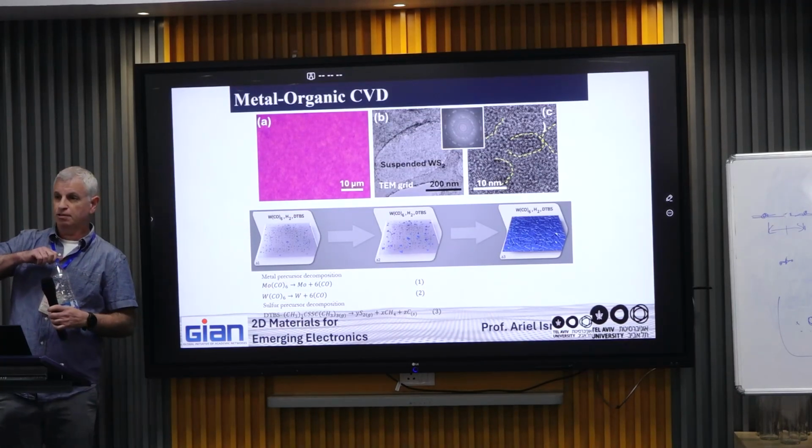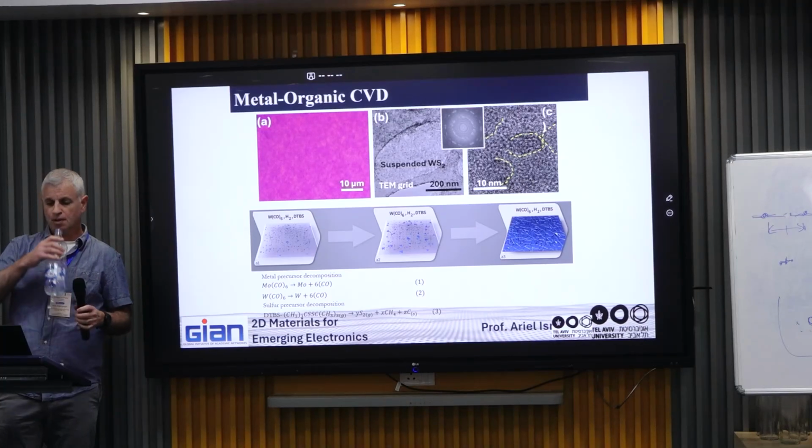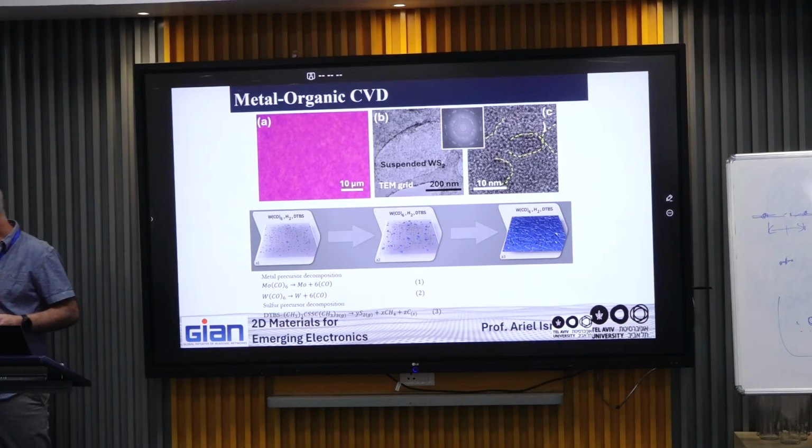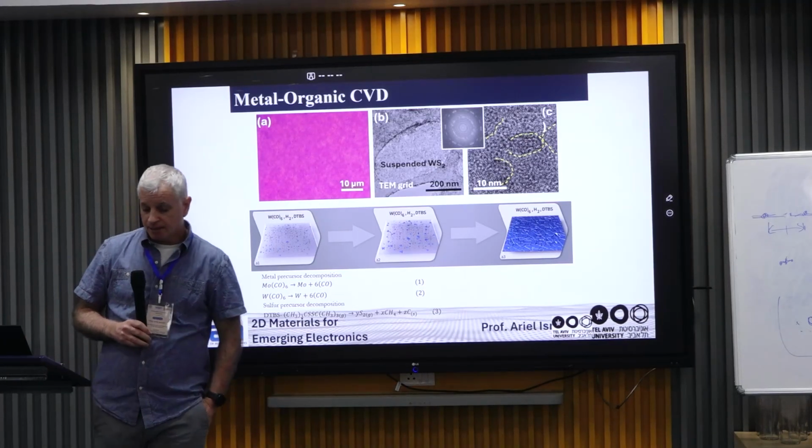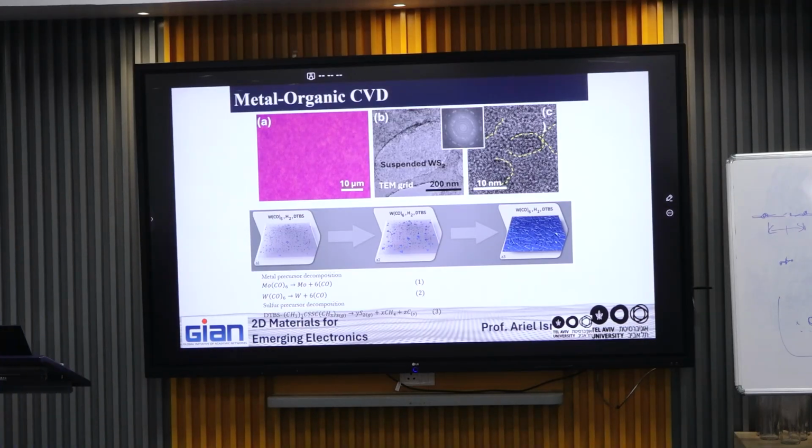So indeed, when you do metal organic work, it is a method that is much easier to deliver the different processes, but you may have other problems, like different impurities, contamination that arises from the precursor. For example, carbon, which is a detrimental contamination, right?